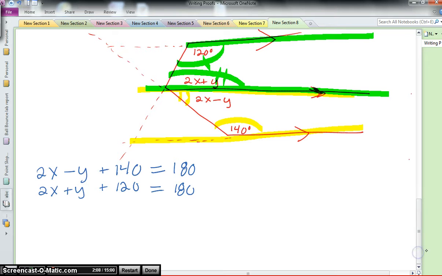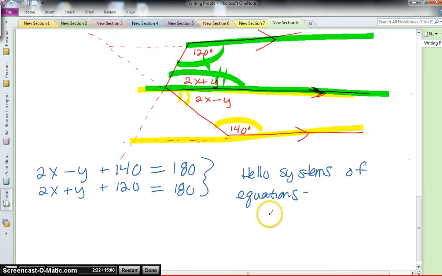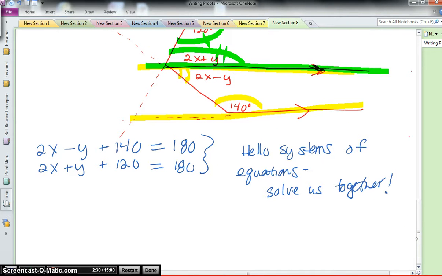Now you've got to remember something about systems of equations. You've got two variables in each of these equations, so we're going to need to solve two equations simultaneously. The most straightforward method is to add the two equations together.